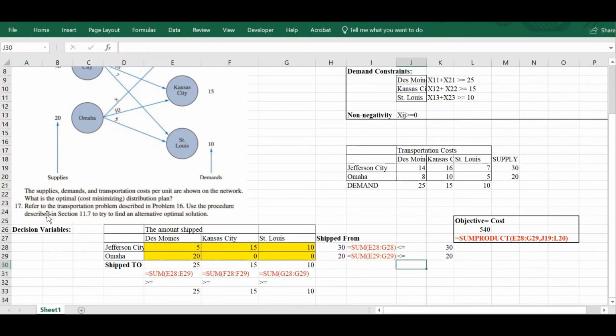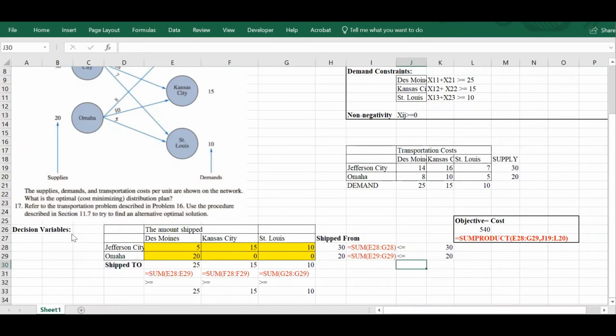Now we need to look at the possibility for an alternative optimal solution. What I'm going to do now is create another sheet. I'm going to copy this sheet, paste it, and rename it to question 17.